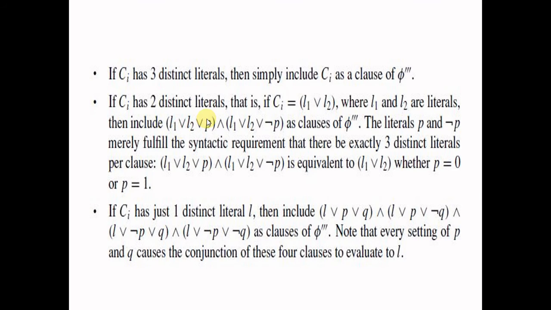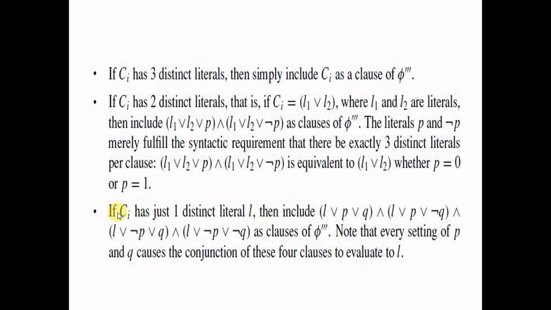And the third condition is if Ci has just one distinct literal. So what happened here, if Ci has two distinct literals, then each clause with two distinct literals will be converted into two clauses.